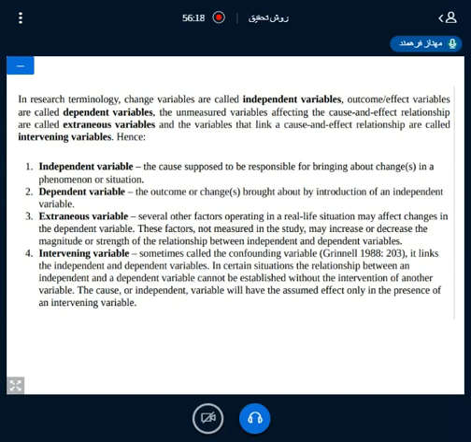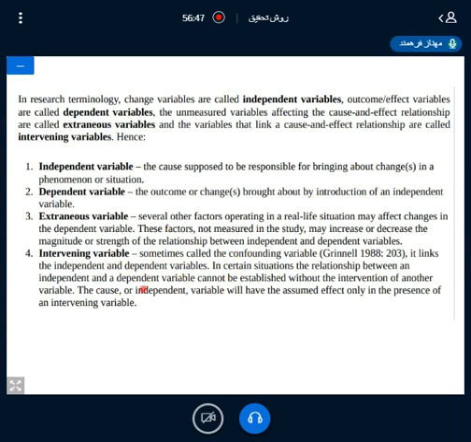And in this number 4, you can see the description that was not in the previous part. Intervening variable, sometimes called the confounding variable.